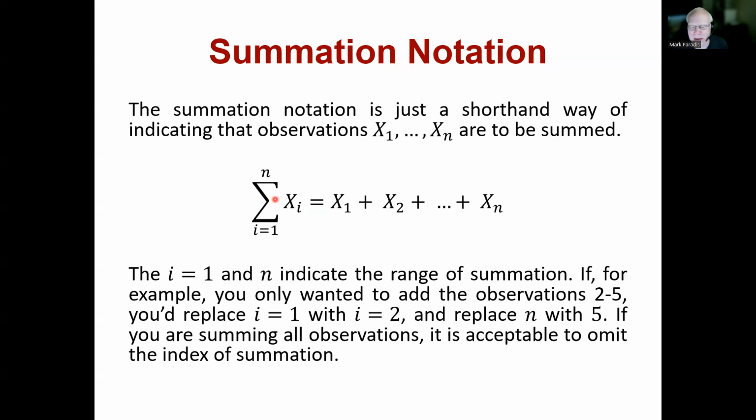And that's typically going to be the case. So most of the time, that's the way you'll see it with summation. So rather than listing a whole long list of X1 plus X2 plus X3, this fairly simple symbol tells you to add up all the different observations within your data set X.